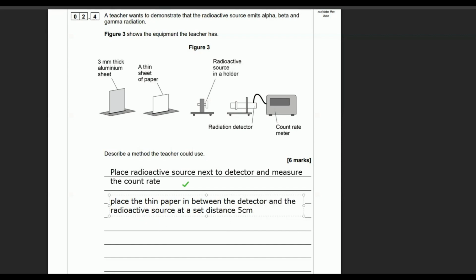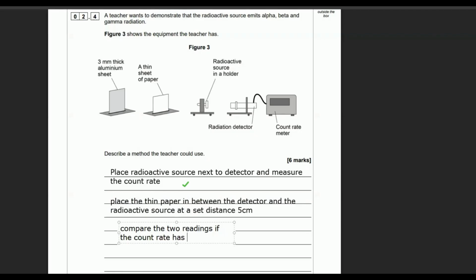Now we want to compare the two readings. If the count rate has gone down quite a lot when the paper is in front, then the source is undergoing alpha decay, or you could say it's releasing alpha radiation.